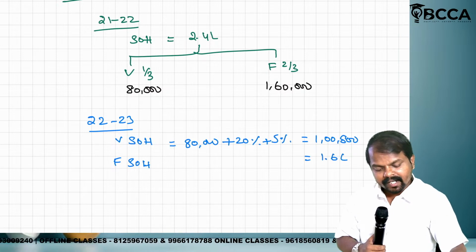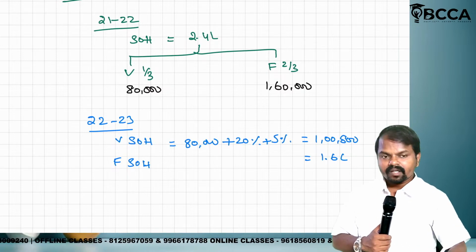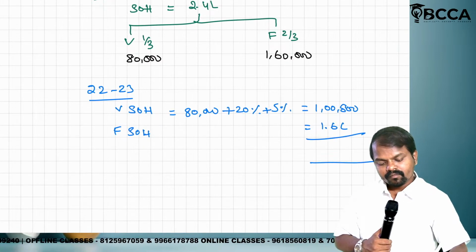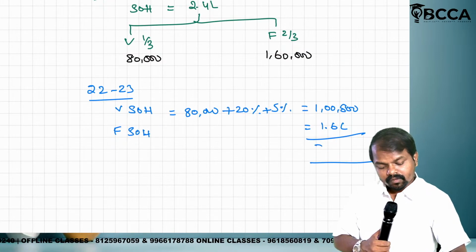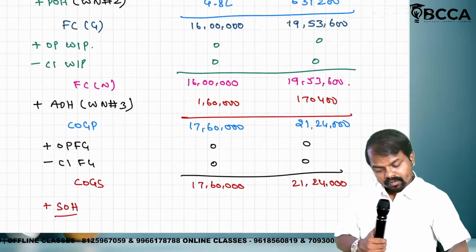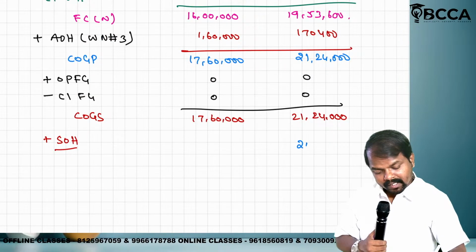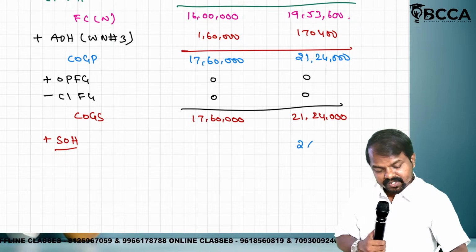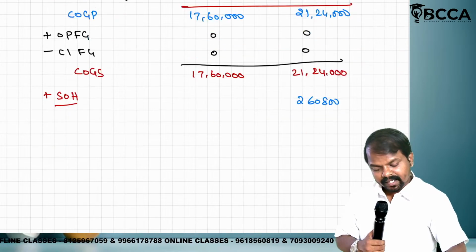Current year also 1,60,000. Correct? Total how much? 2,60,800. So we will write here 2,60,800.